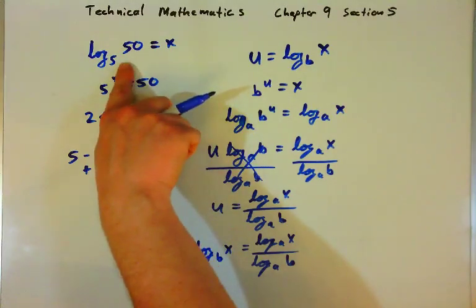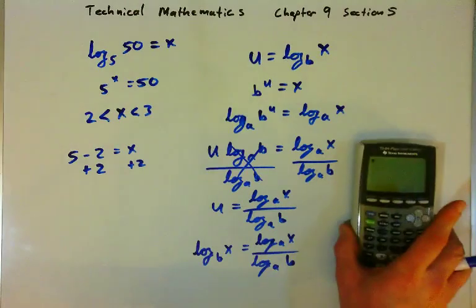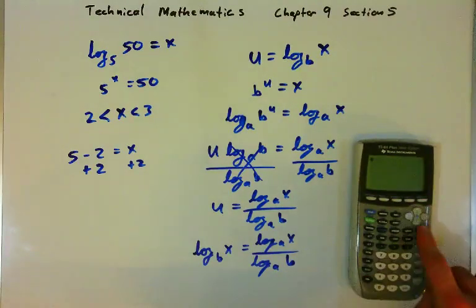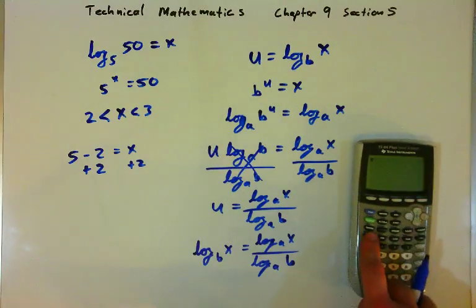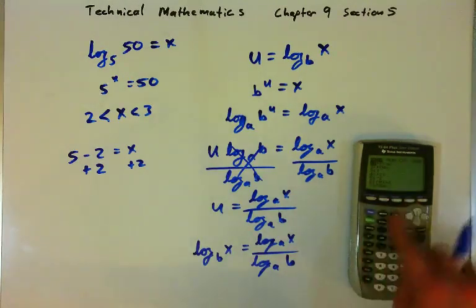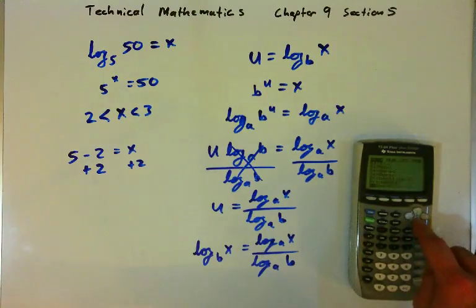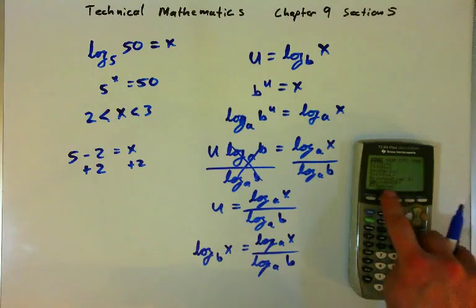So for example, let's look at log base 5 of 50. My calculator has a math button, and if you have a TI-83 or 84 or something like that, you may have this as well. If I press the math button, I get a menu, and I can arrow down and find a function that says log base.